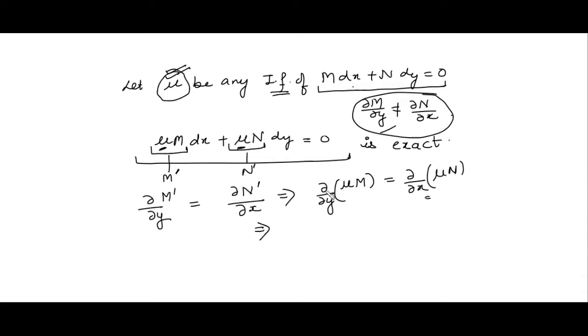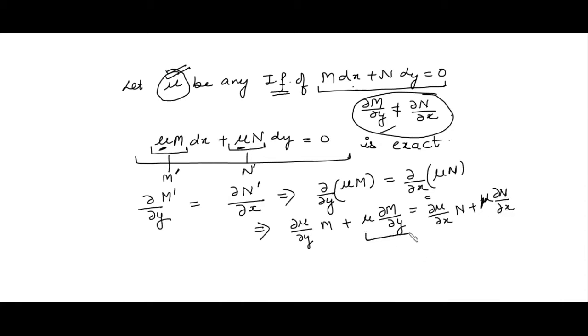Now open this. We get the partial derivative of mu with respect to y times M as it is, plus mu as it is times the partial derivative of M with respect to y. Similarly, open this side: the partial derivative of mu with respect to x times N as it is, plus mu times the partial derivative of N with respect to x.